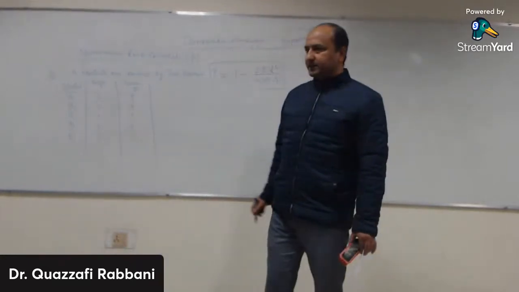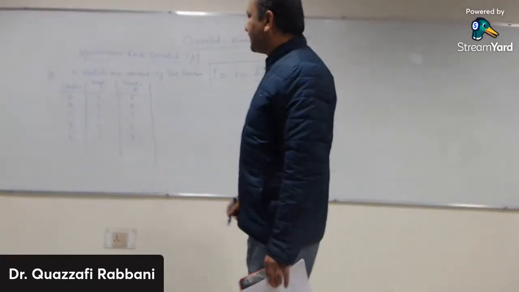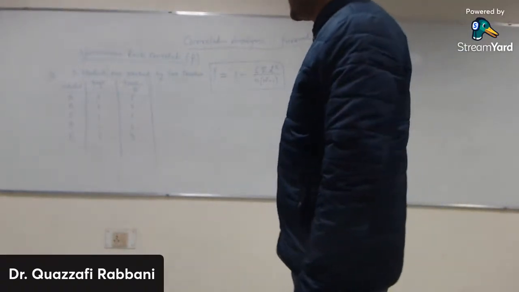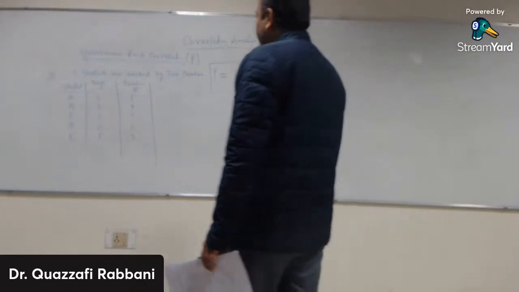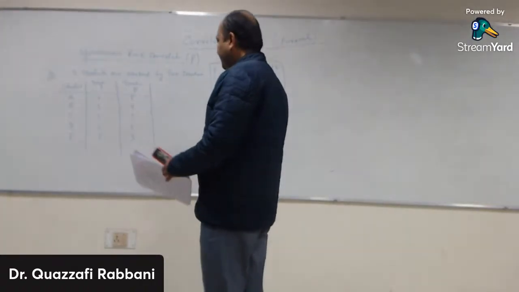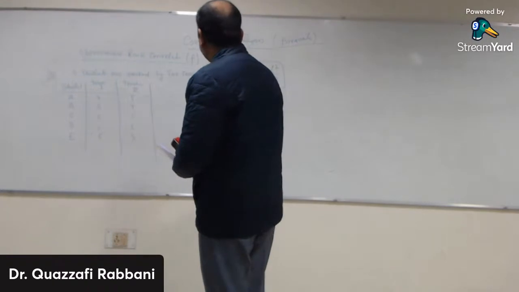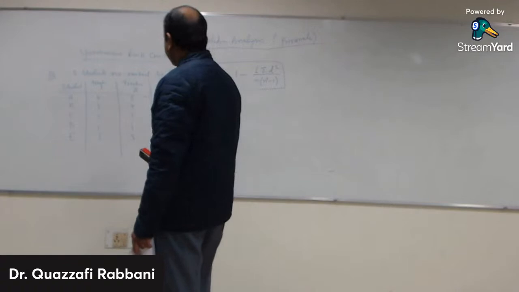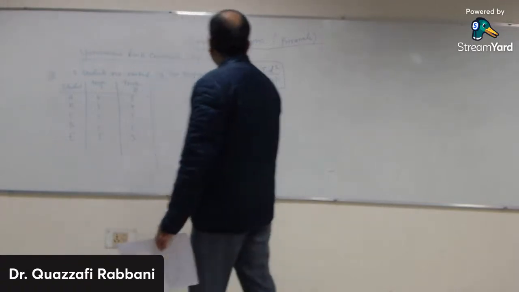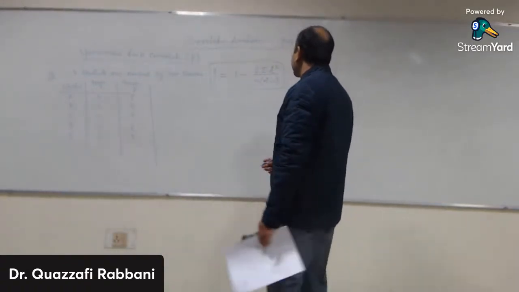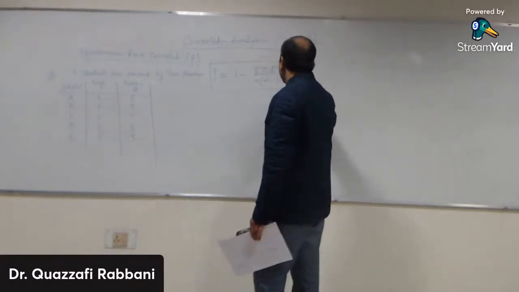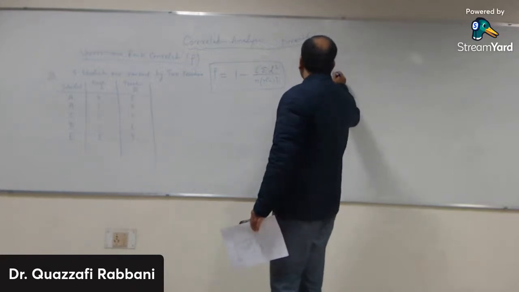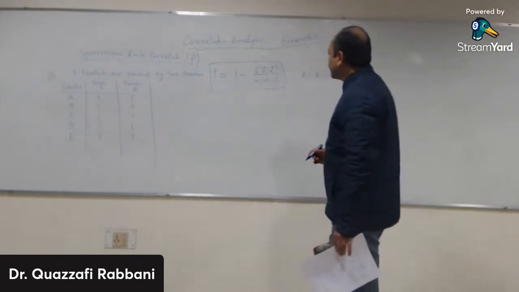Now the question is whether there is any relationship between the opinions of the teachers, whether their opinions are the same or differ. For this we use the formula 1 minus 6 summation d square divided by n into n square minus 1, where d is the difference of rank of x and rank of y.